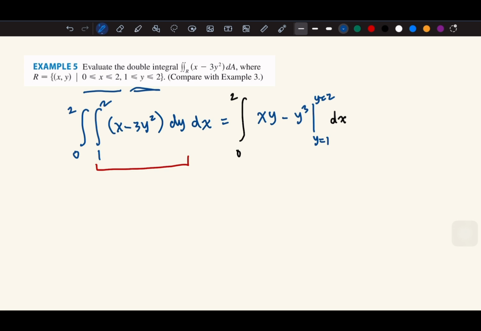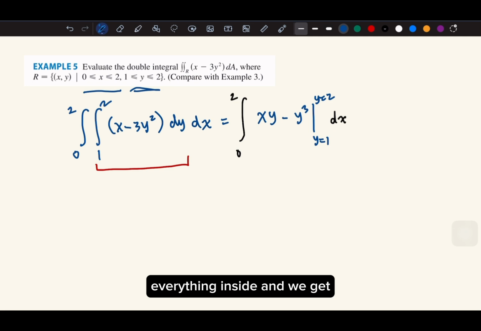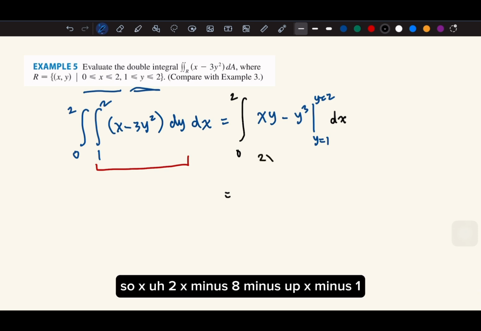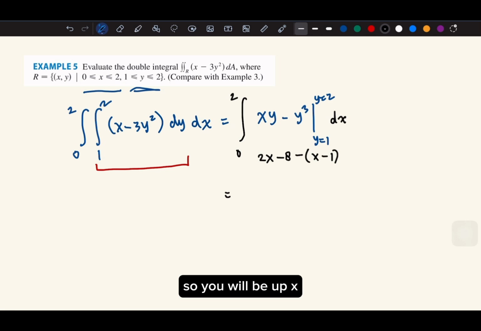And then we put everything inside, and we get, so y is 2, so 2x minus 8 minus x minus 1. So it will be x minus 7, right? So x minus 7.